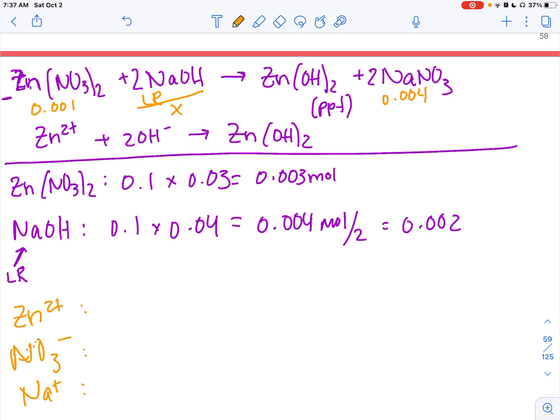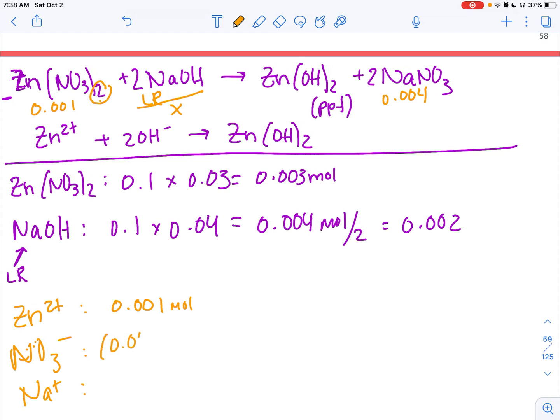So for Zn2 plus, we have 0.001 left over. Okay, and that's all we're going to look at because our zinc hydroxide here took the rest of it. So we have 0.001 moles. And then for our nitrate, we have the 0.001 that's left over here times 2, because we would have 2 nitrates for every one zinc nitrate.